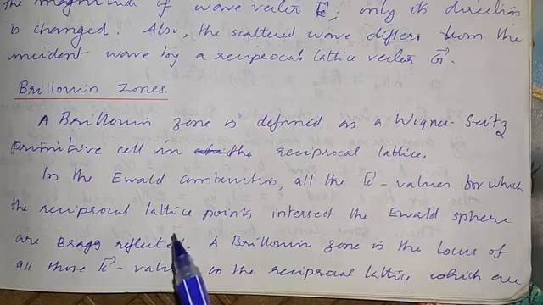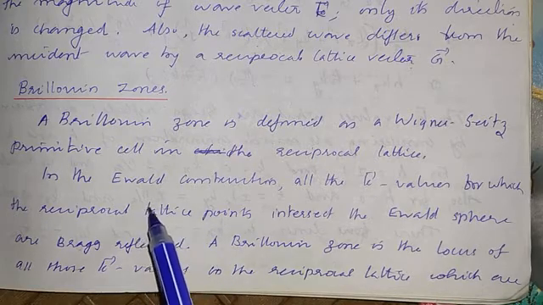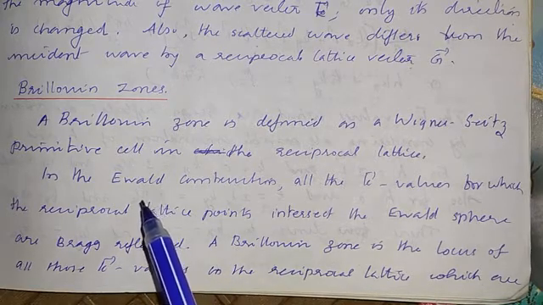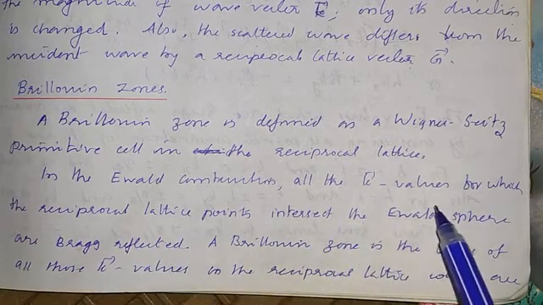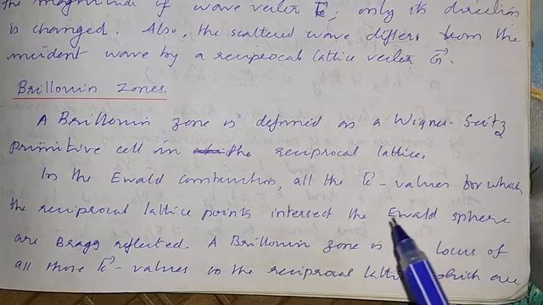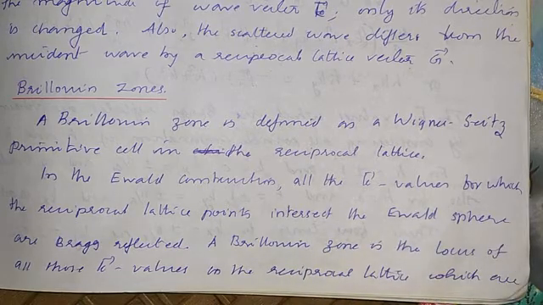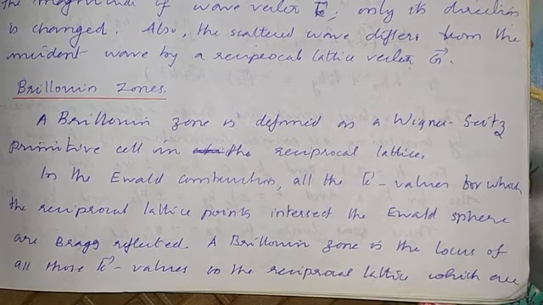In the Ewald construction which we have seen in our previous section, all the k values for which the reciprocal lattice points intersect the Ewald sphere are Bragg reflected.